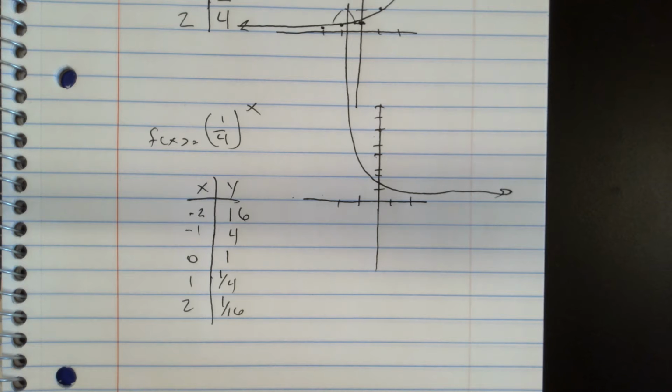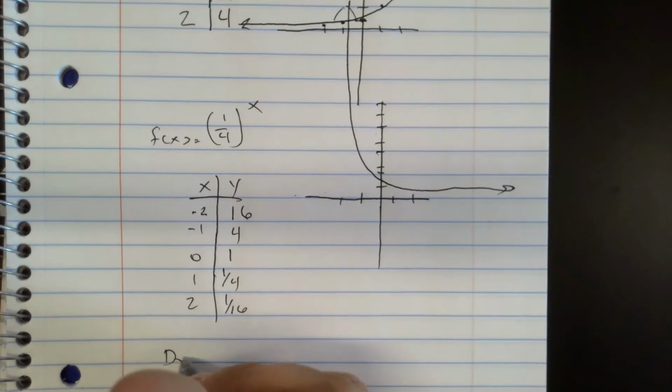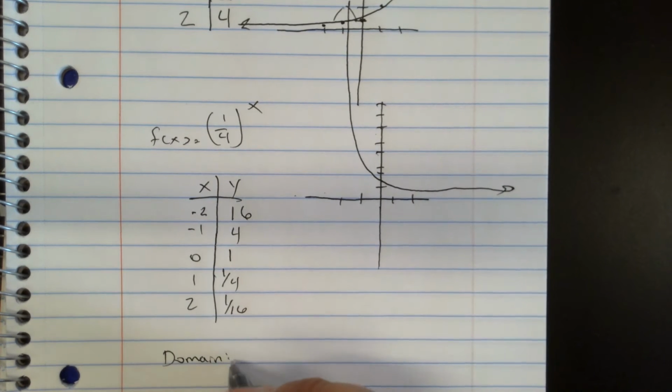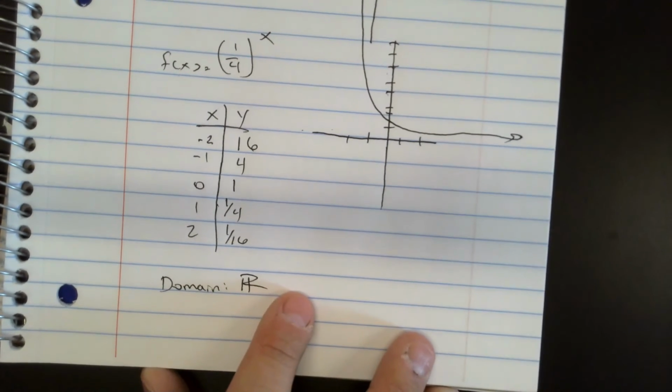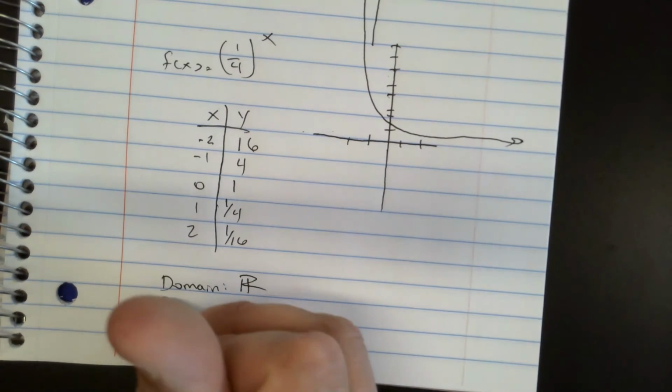Now we need to talk about domain and range, because this is important. Domain is always the same. So, all real numbers. Domain is always all real numbers, just like a parabola. Range is what changes again.